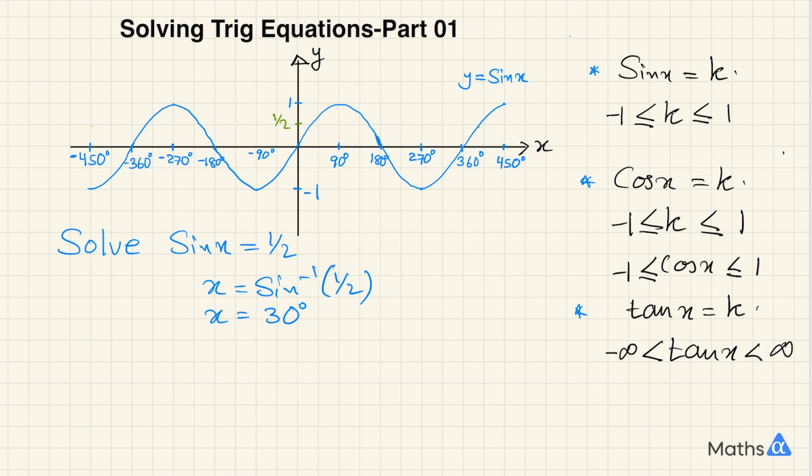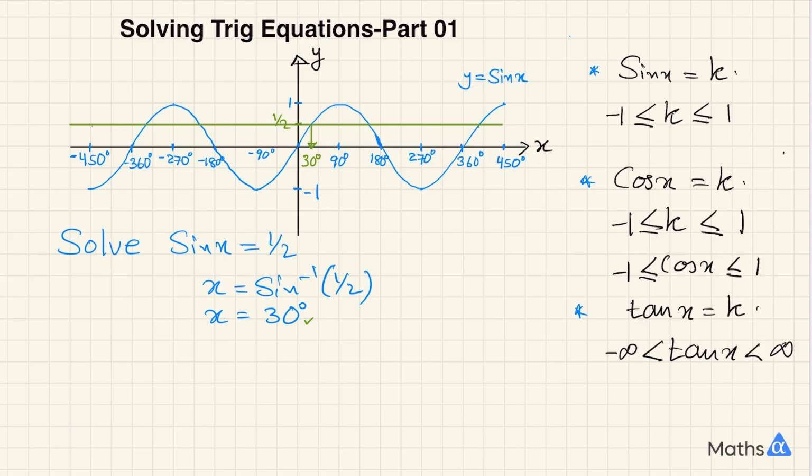I'm going to draw this line here. Now you can see that this line y equal half cuts the graph at this point, so this angle corresponds to this solution. This is 30 degrees.